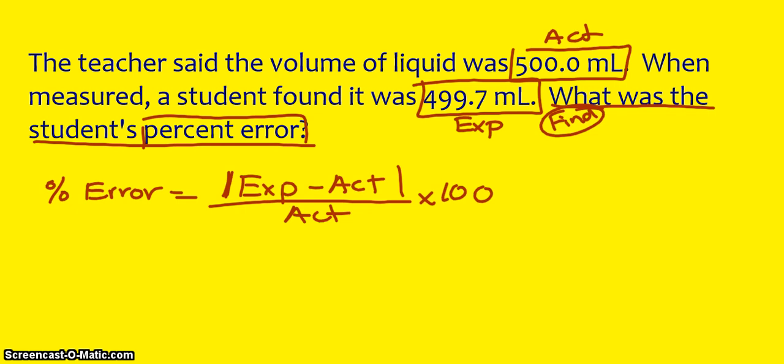So you will be responsible for knowing the percent error equation. You will have to be able to then apply it on assessments as well. So this equation will not be provided to you. When you come to class, make sure you are prepared with questions on any of the problems that you are required to do.